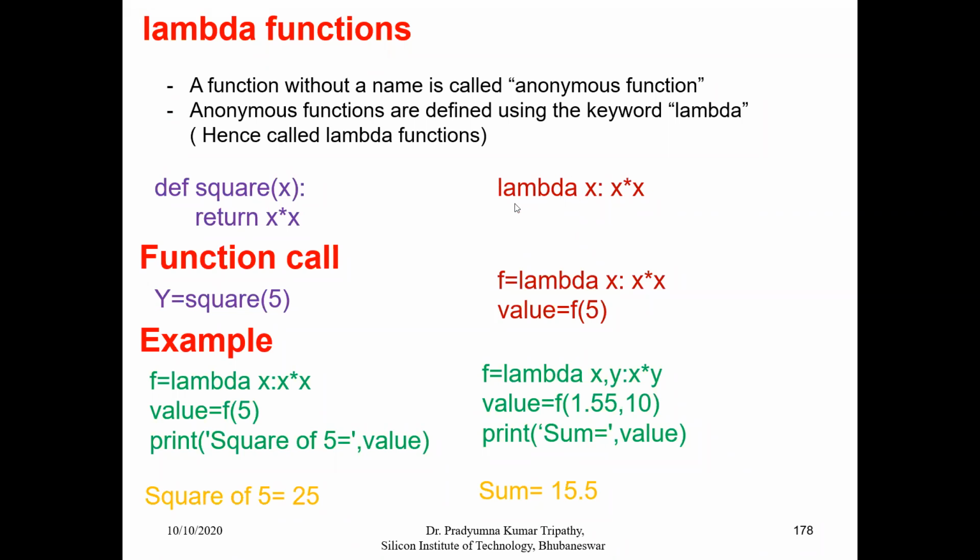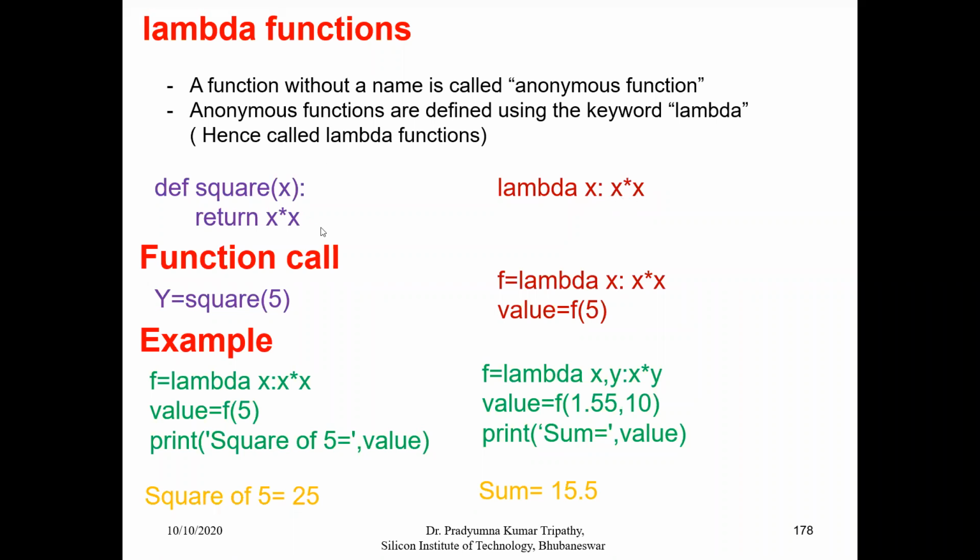Lambda is a keyword, so I am not giving any function name over here. In this second case, I am not giving any function name. The lambda keyword says that the function takes one argument and returns x into x.